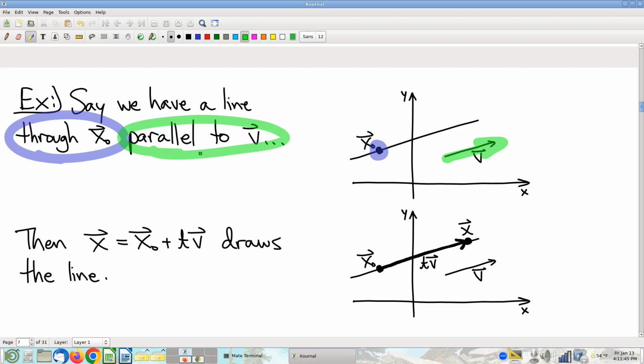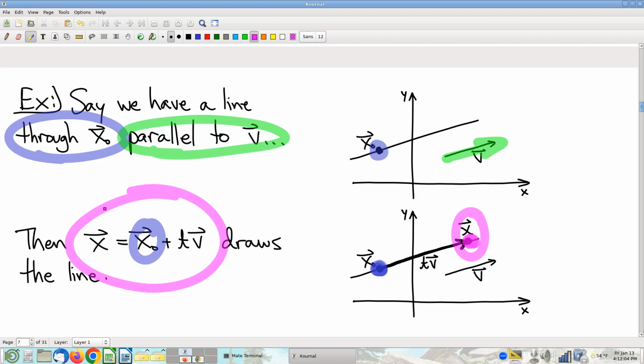And a nice little trick is to strategize as follows. Well, how about we start on the line? I already know how to do that. X naught has me on the line. This other point on the line that I want to generate, I can get to simply by adding that vector, which of course is not the same as the parallel vector I was given, but even though it's not the same, it's a scalar multiple of that parallel vector I was given.